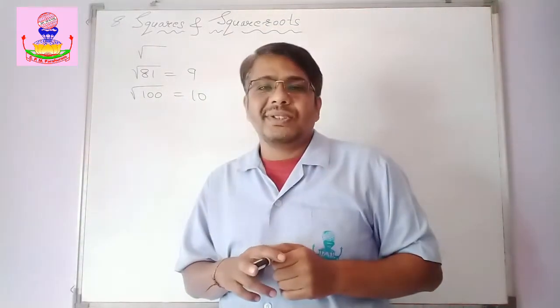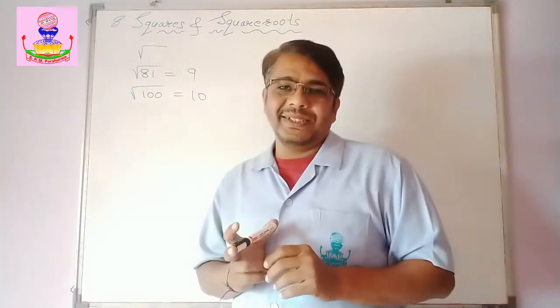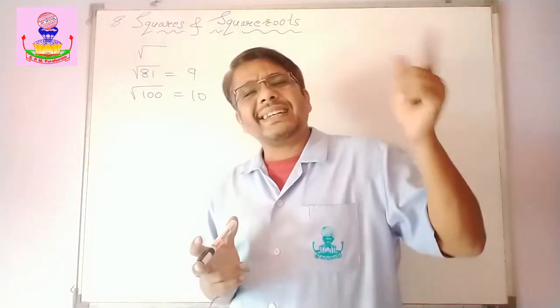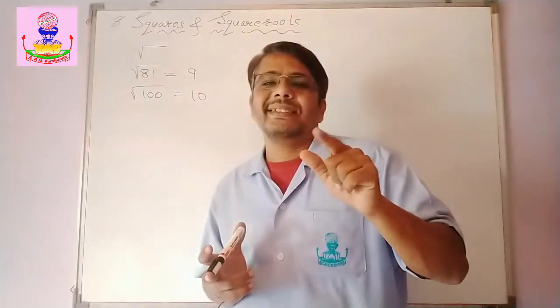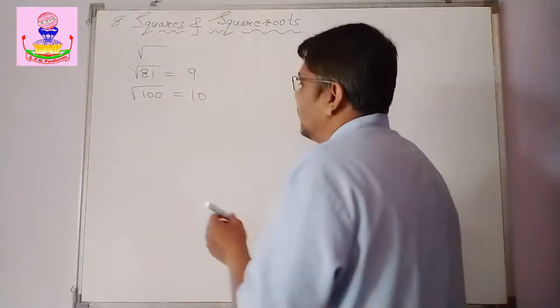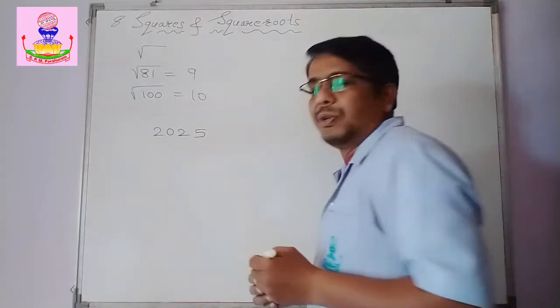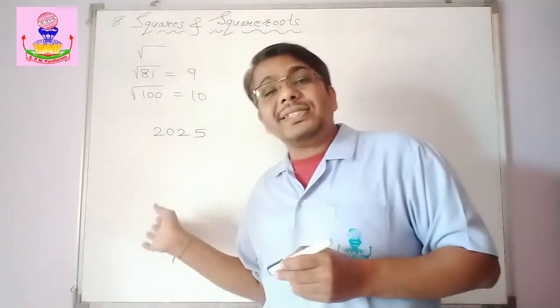Okay. To find the square root of a number having 5 in the units place, how to do it? Exactly the opposite process that we did while finding the square. For example, suppose I have got 2025. I want to find the square root of it.